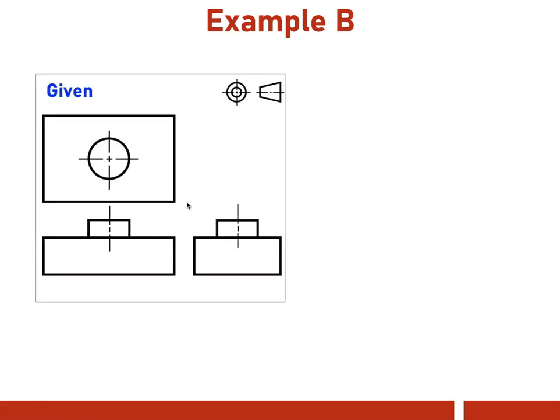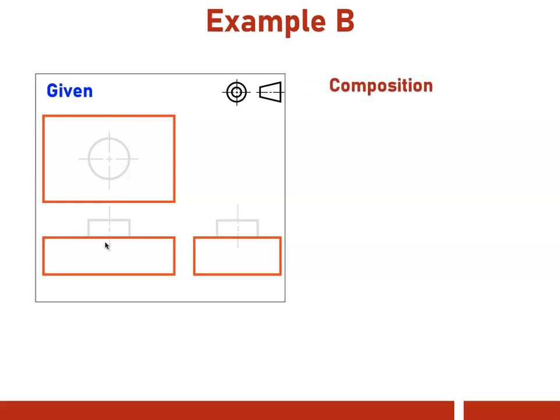Second example. Now you have, okay, so these are the views that we have. It's different from the previous one. Now we have something that is extruding, or like you have an external block on top of the rectangular prism. So first we identify that we have this rectangular prism or rectangular block, right?